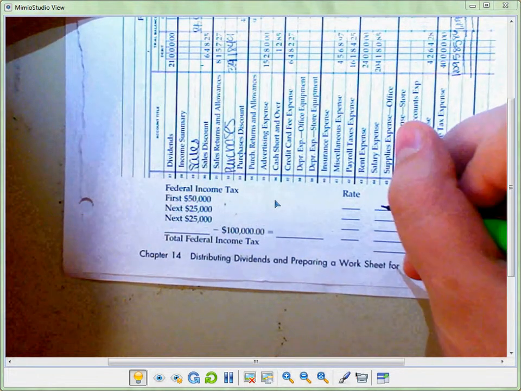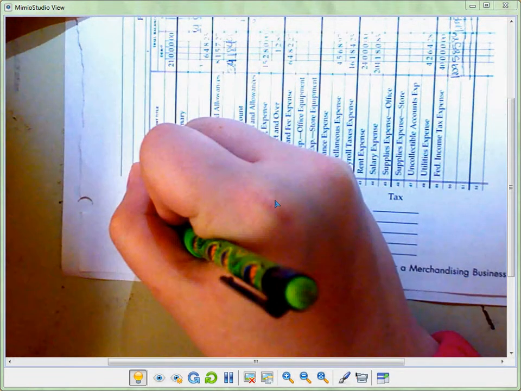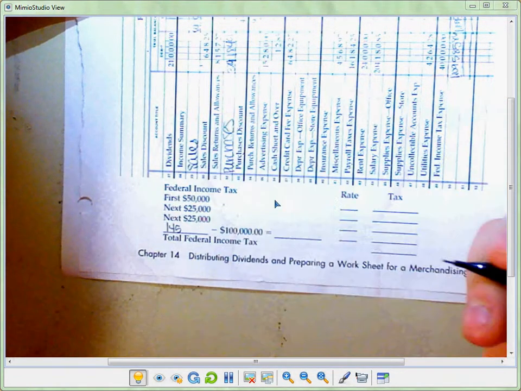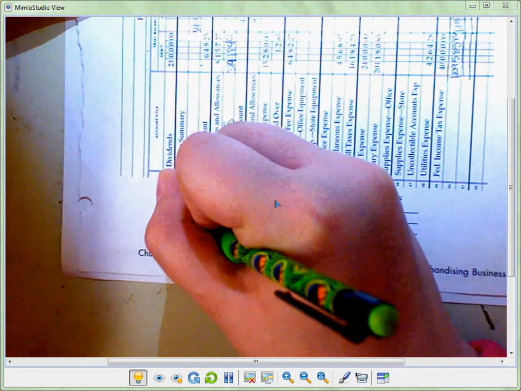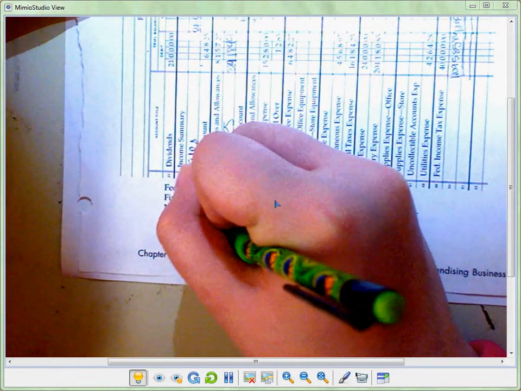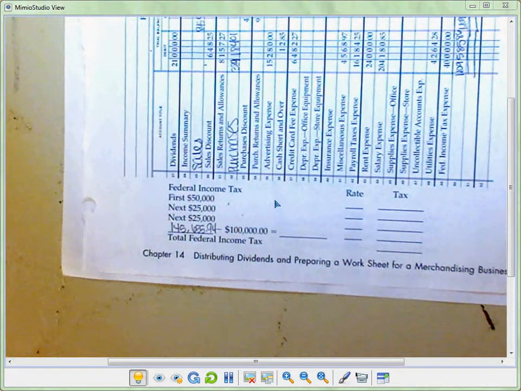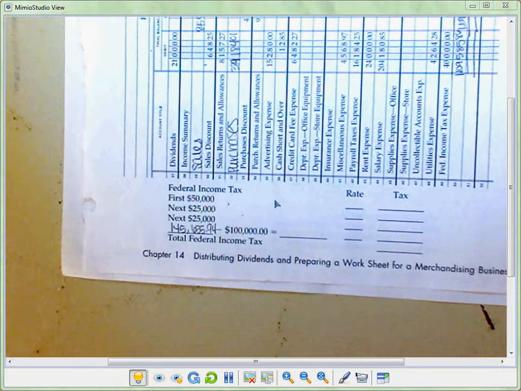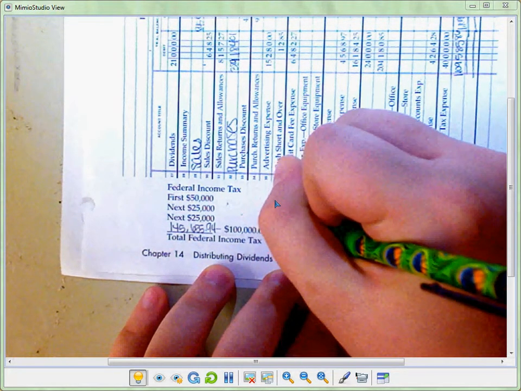So $145,655.94. So when you subtract that, 45,655.94.